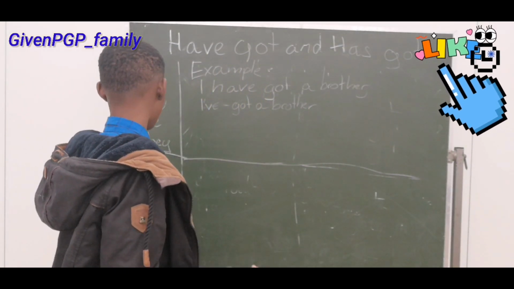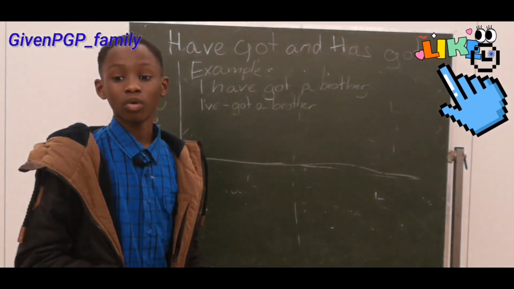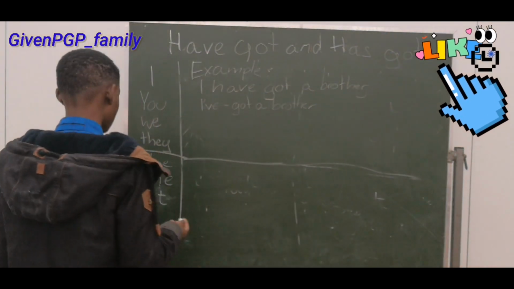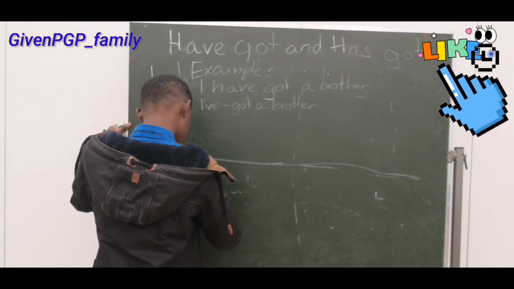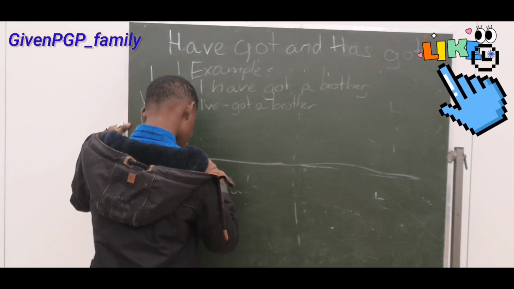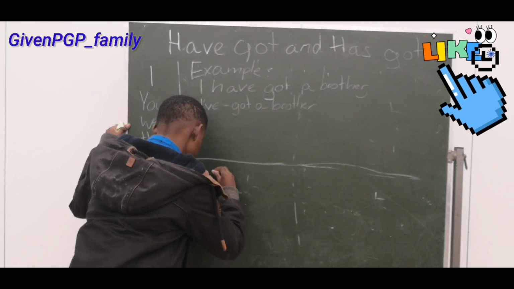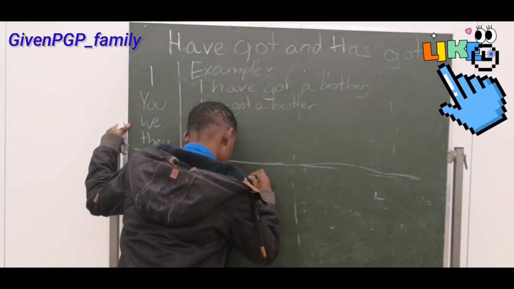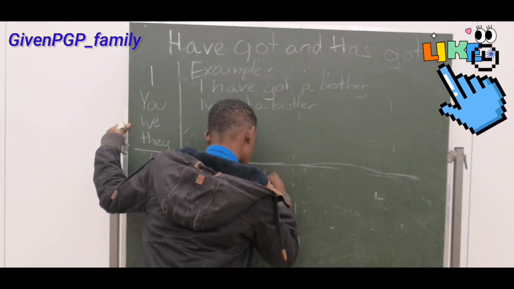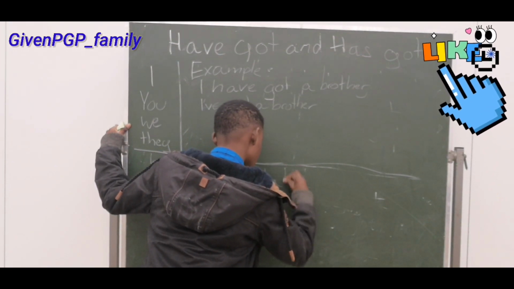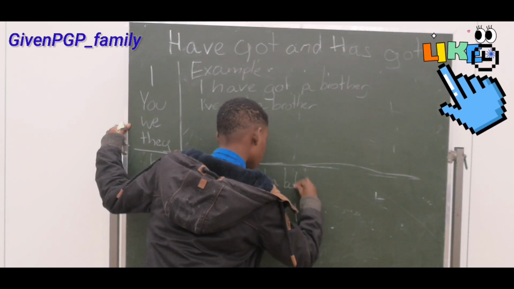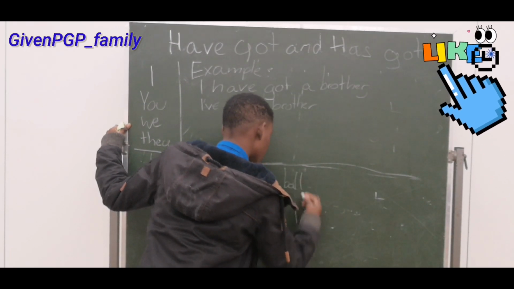So let's make it now with has got. So she has got a boy. So on he. He has got a boy.